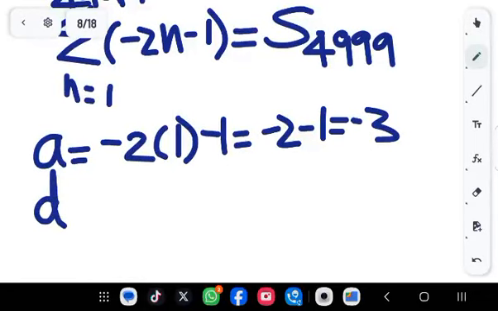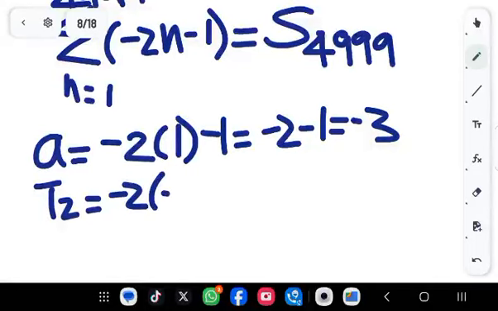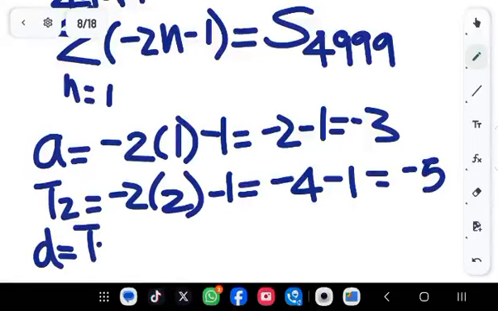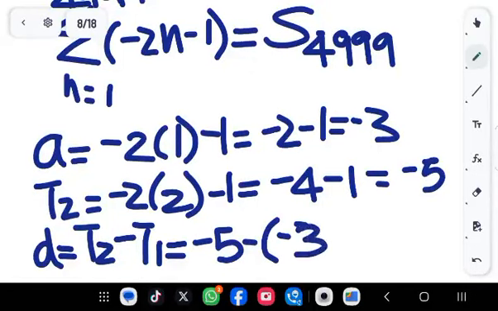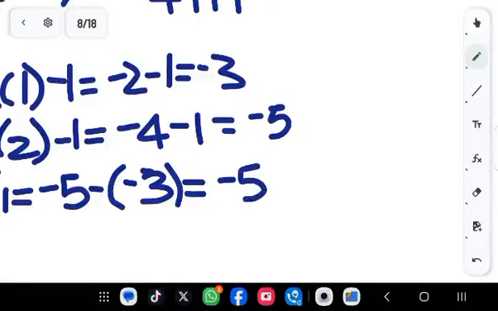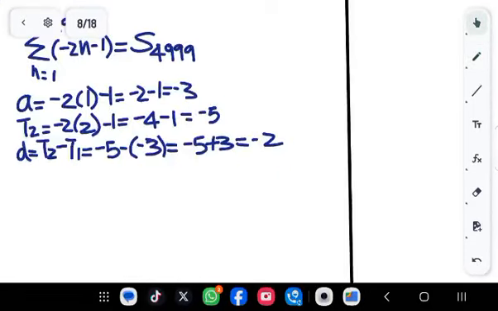Then the constant difference, let's find T2 first. That's minus 2 times 2 minus 1, which is negative 4 minus 1, which is equal to negative 5. Now therefore the constant difference will be term 2 minus term 1, which is negative 5 minus negative 3, and that gives us minus 5 plus 3, which is equal to negative 2. That is D, the constant difference.